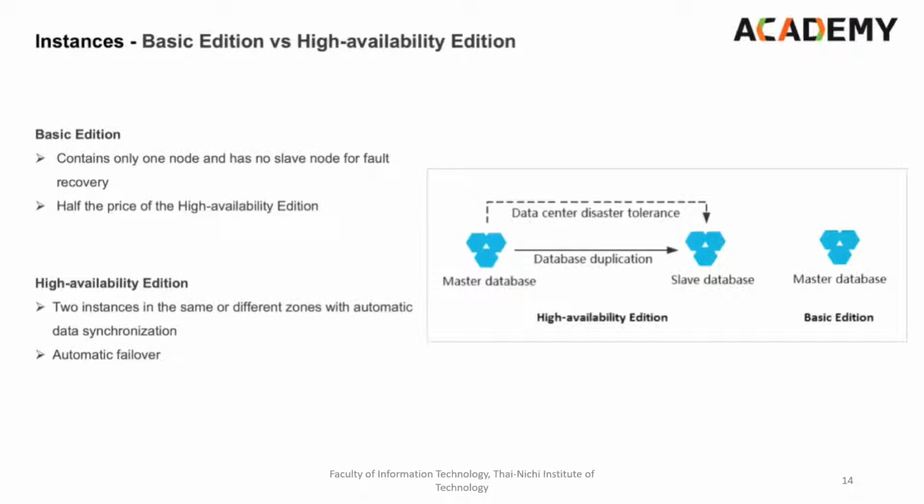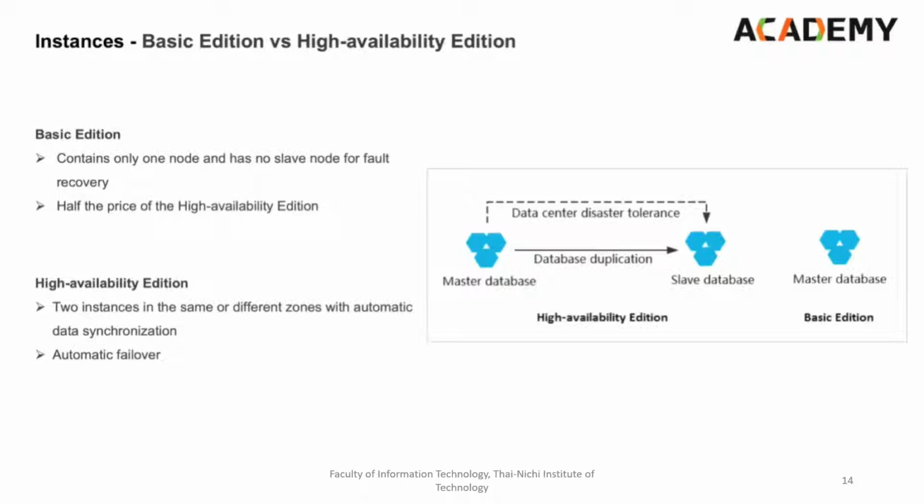So in the basic edition, it contains only one node and it has no slave node for fault recovery. So here you see, this is the basic edition, and if the master database is gone, then there is no possibility of fault recovery. It has a lower cost, but the availability of data is lesser.